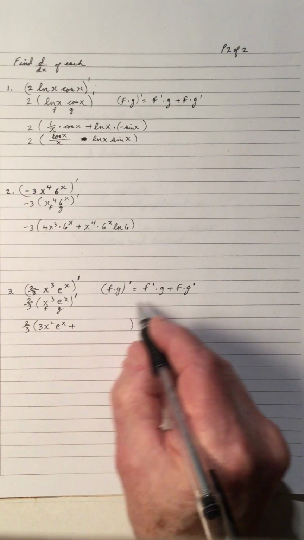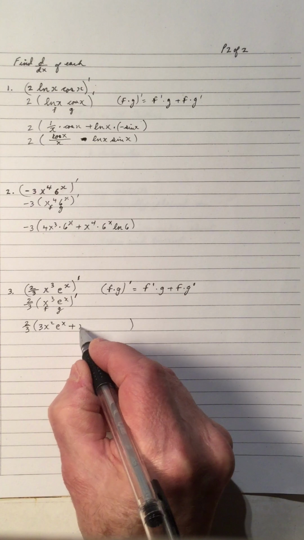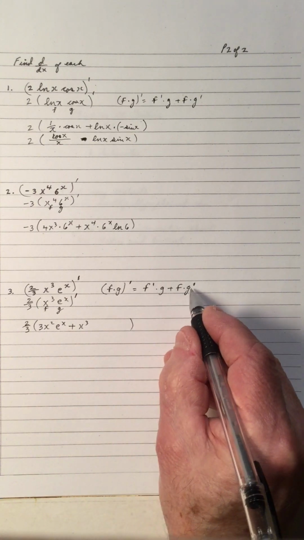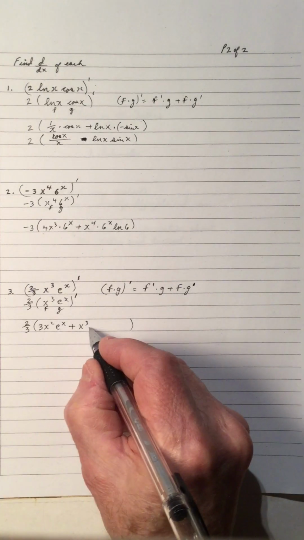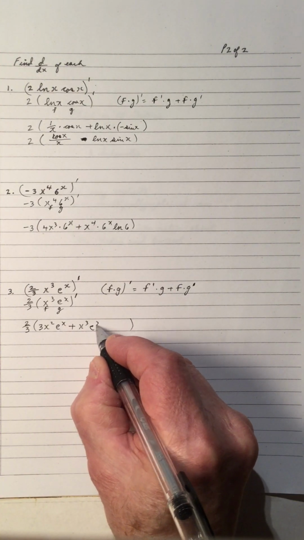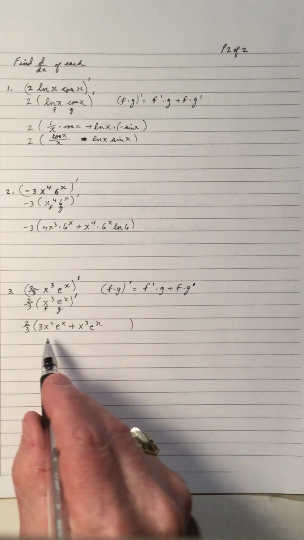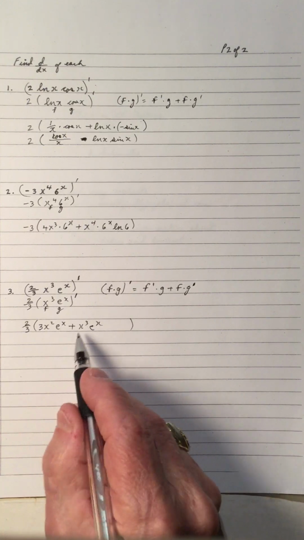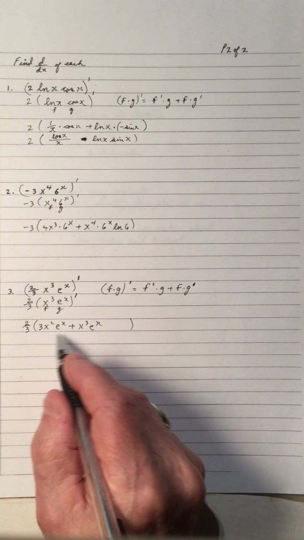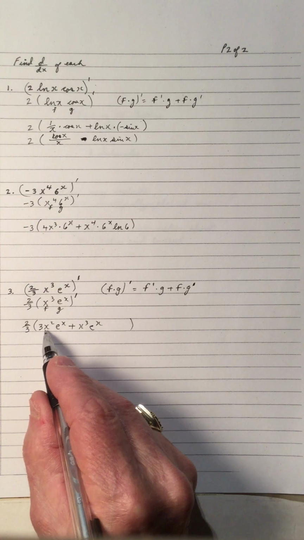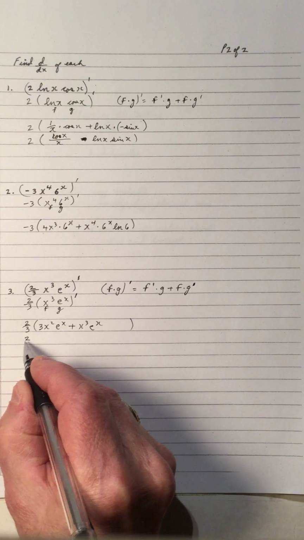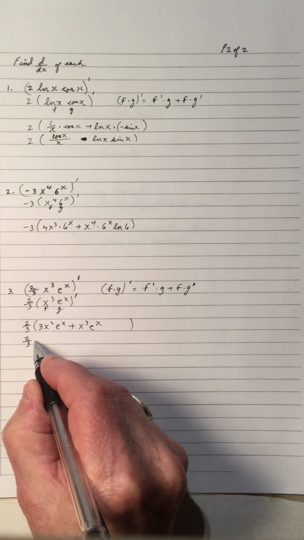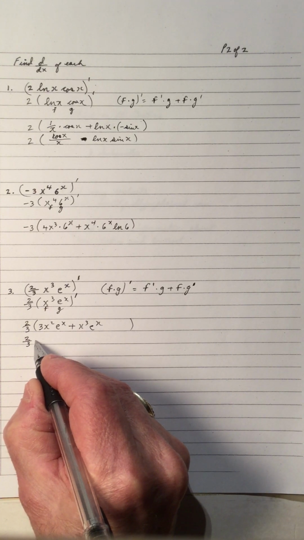Add on f, which is x cubed, and the derivative of g is e to the x, so the derivative of e to the x is e to the x. And again, these are not like terms, so you can't add these because that's a square and that's a cube.